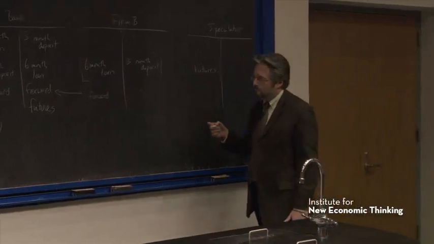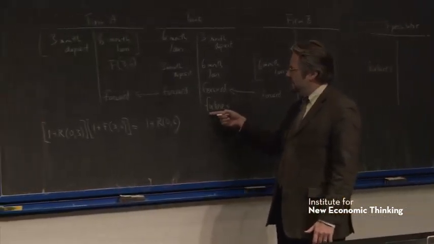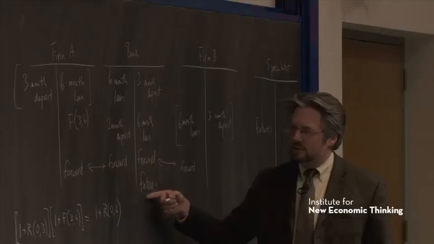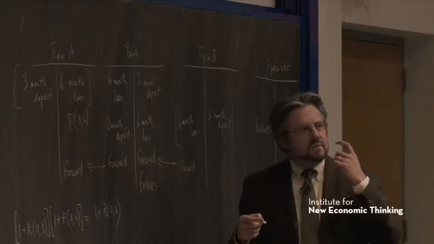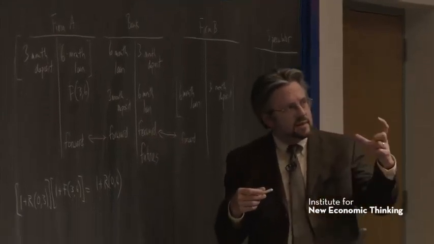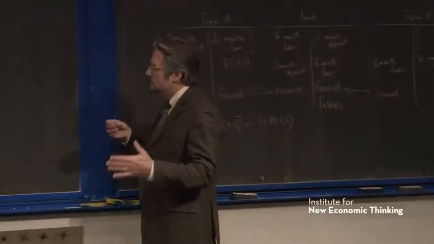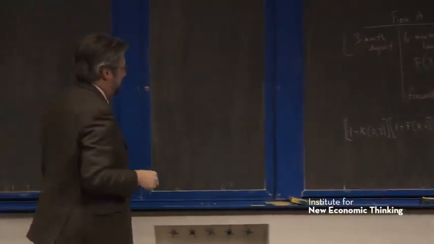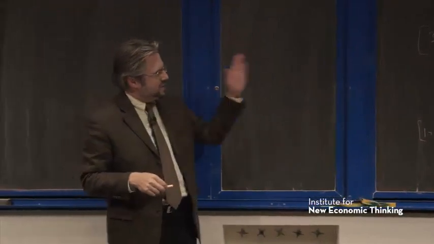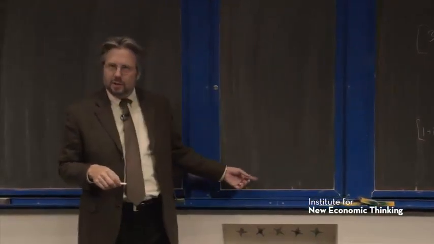Now I'm going to explain the difference between forwards and futures, but I want you to have this sequence in mind. We have the client. In the notes I have it horizontally, but here I'll do it vertically, right in the middle.